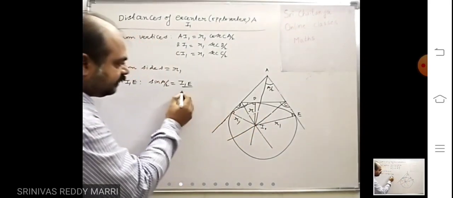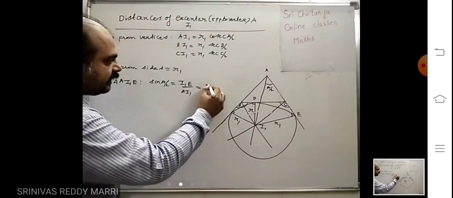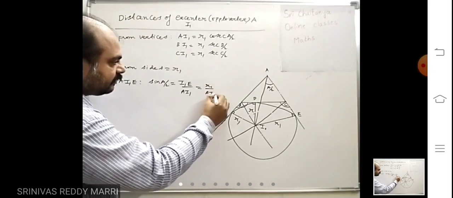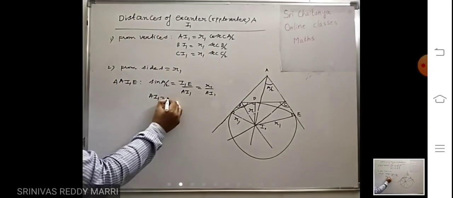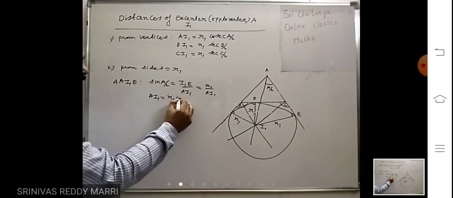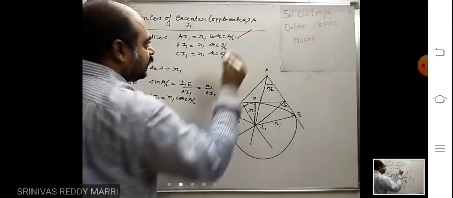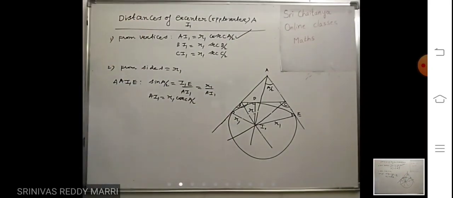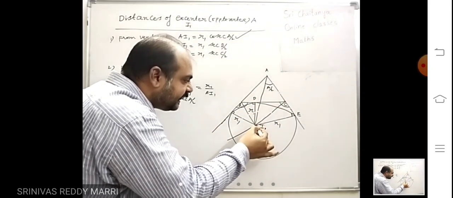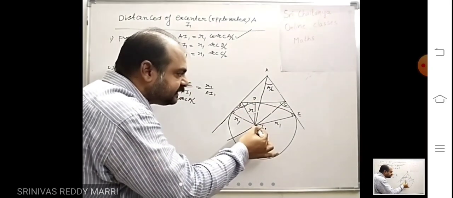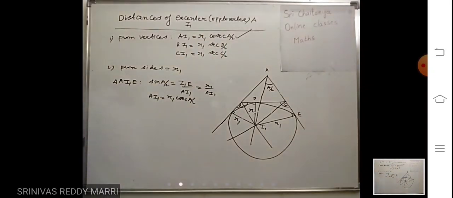So hypotenuse is what? AI1. So this is nothing but R1 divided by AI1. Therefore, AI1 you will get R1 cosecant A by 2. So this is the formula. That means the distance of vertex A to the excenter opposite to vertex A is R1 cosecant A by 2.